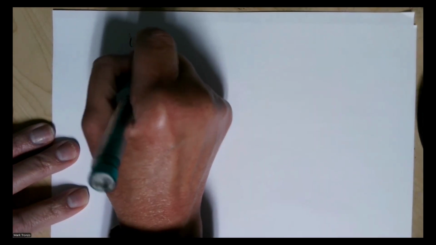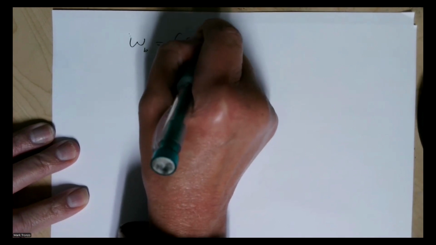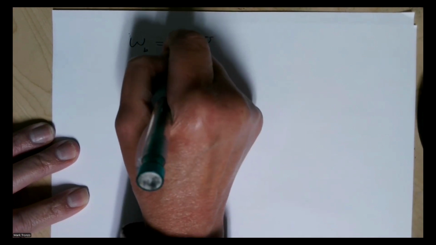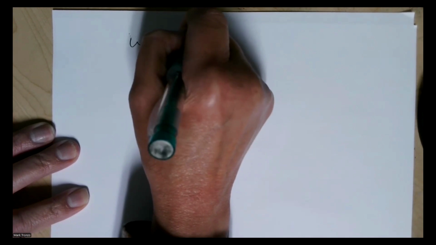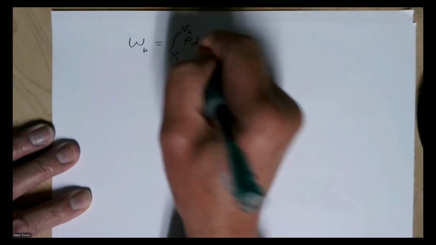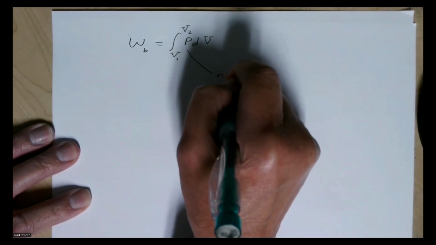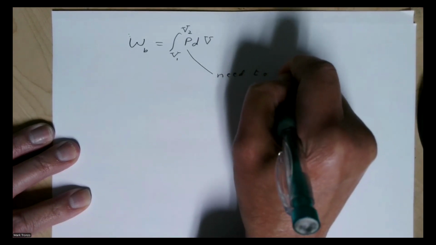So again, if we go back to our integral, in order to integrate this, we have to know what P is. We have to know either its value if it's constant, or we need to know the relationship between P and V. So we need to know this function.